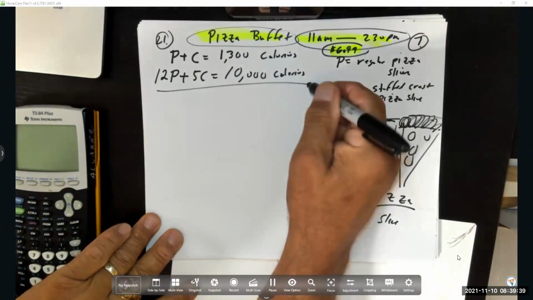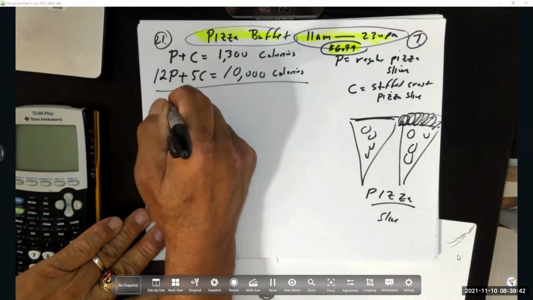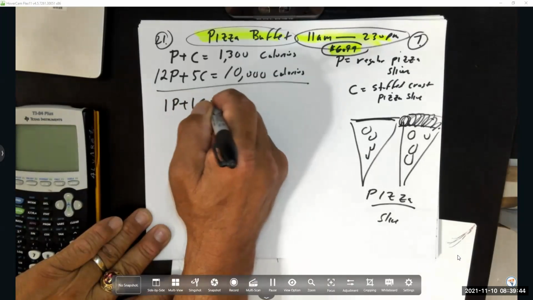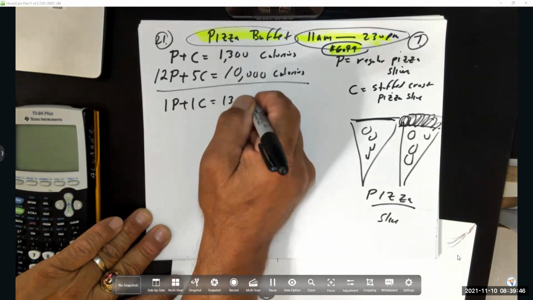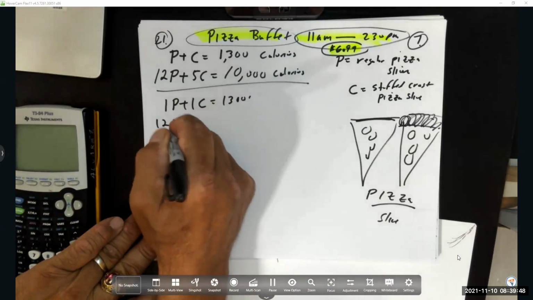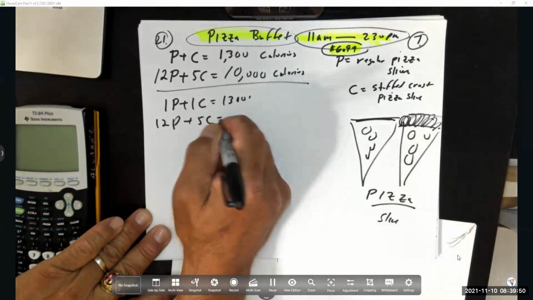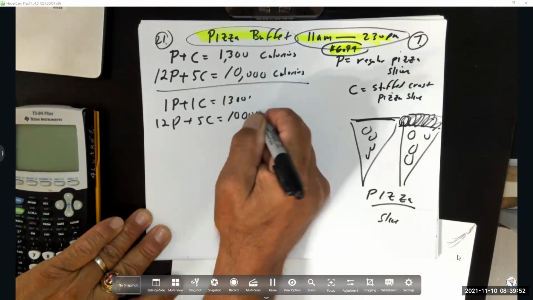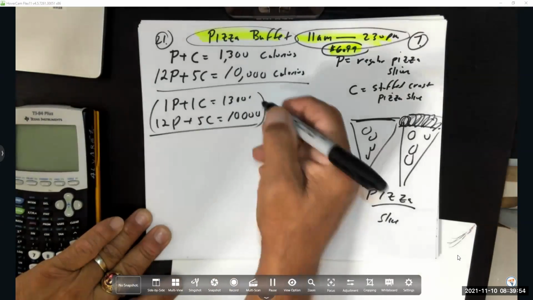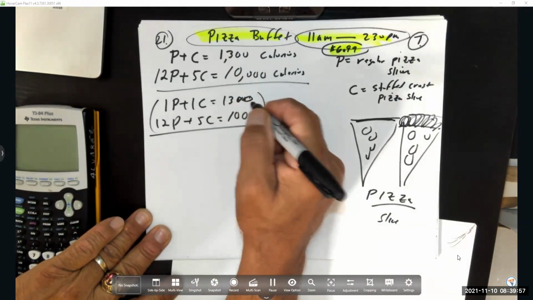So now, my problem: 1P plus 1C equals 1,300, and 12P plus 5C equals 10,000. So now, I'm gonna have to multiply this one by something and that one by something.